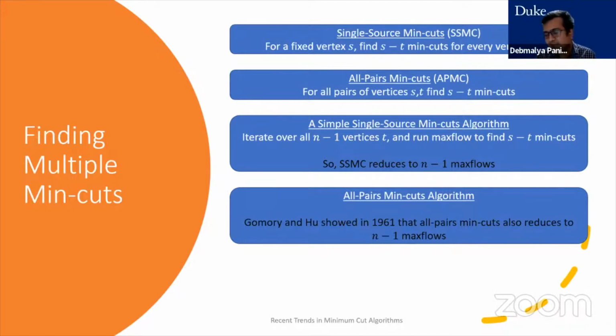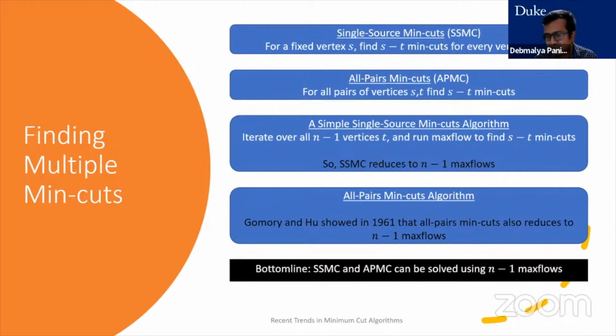We will come back and talk a little bit about this result, and we will pick something from this result that's going to be useful for us. But the all pairs min cuts result and the simple observation for single source min cuts establish that these two problems, single source and all pairs min cuts, can be solved using n-1 max flows.